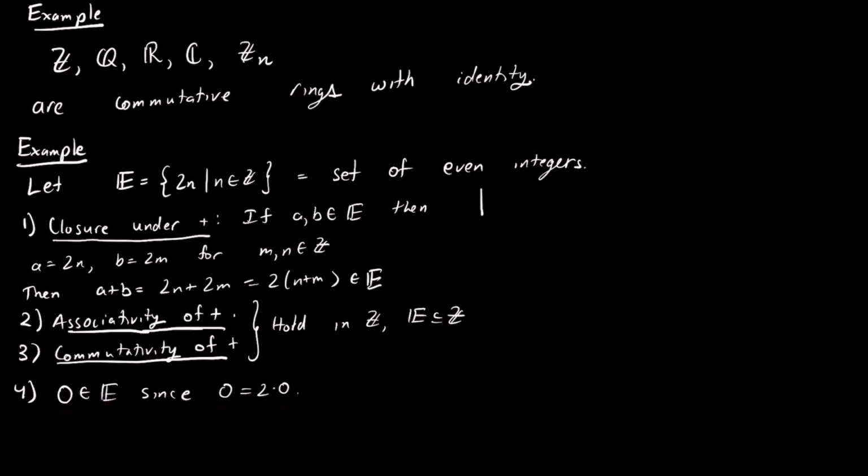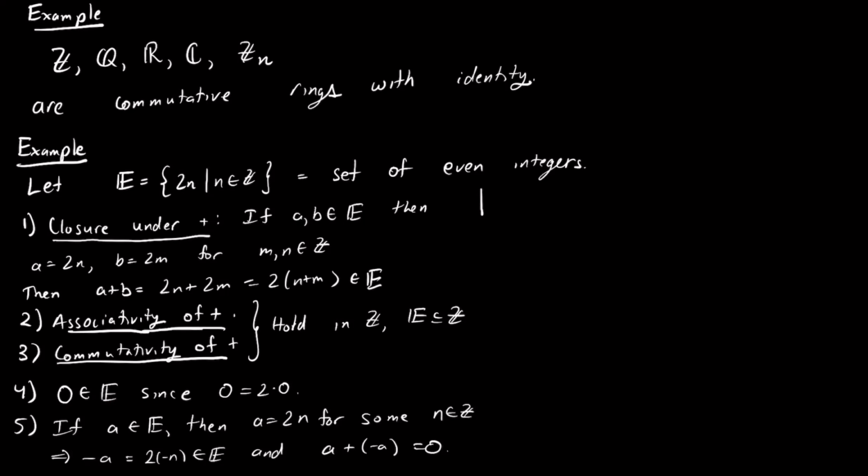So we have a 0 element, an additive identity. We know that if a is even, then we could write a equal to 2n for some integer n, which means that negative a is 2 times negative n, and that's also even. And moreover, a plus negative a is equal to 0. So we have the existence of additive inverses inside of E.